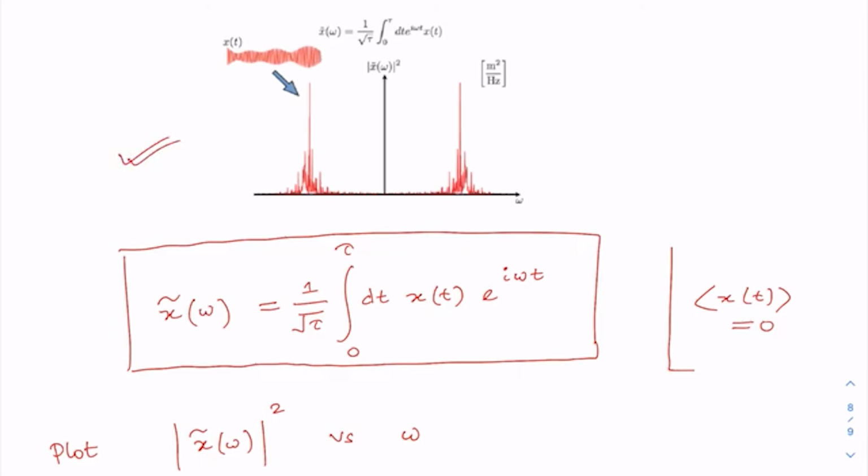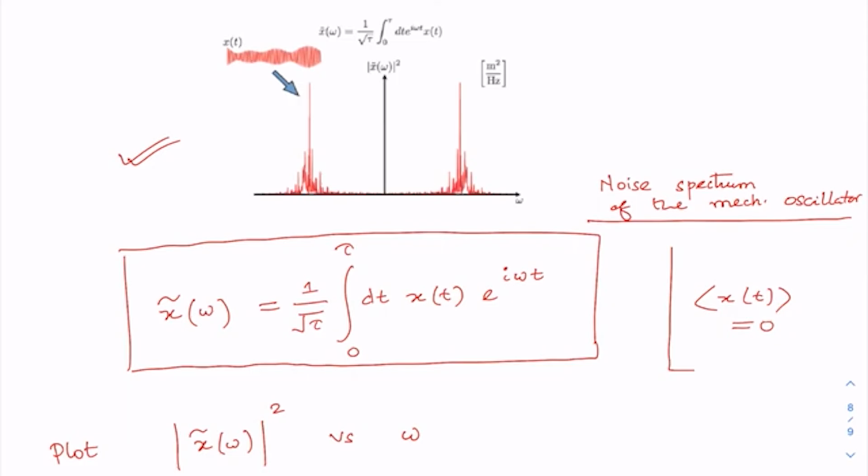As you can see from this plot, this is called the noise spectrum of the mechanical oscillator. Okay, as you can see, we are obtaining a pretty fluctuating spectrum here.